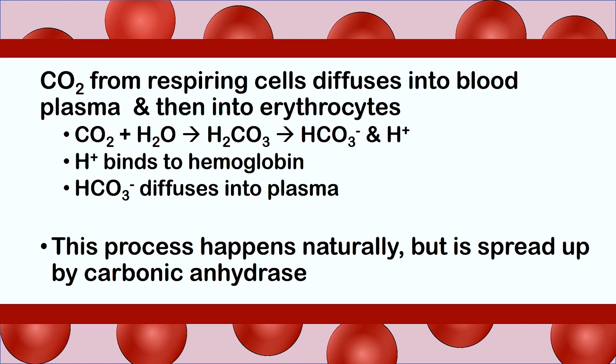That hydrogen ion can then actually bind to the hemoglobin itself. The red blood cell then has the ability to release the bicarbonate ion back into the blood plasma. This process naturally happens on its own, but it speeds up due to the activity of carbonic anhydrase.